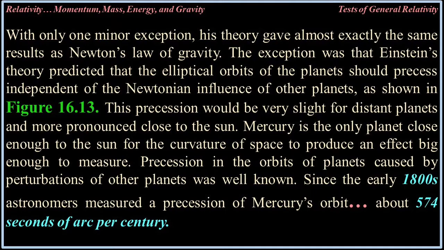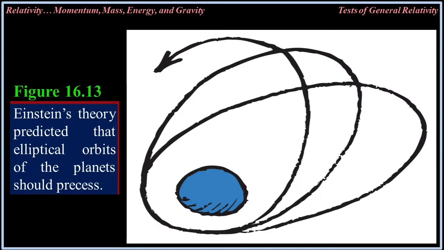Since the early 1800s, astronomers measured a precession of Mercury's orbit, about 574 seconds of arc per century. Figure 16.13, Einstein's theory predicted that elliptical orbits of the planets should precess.